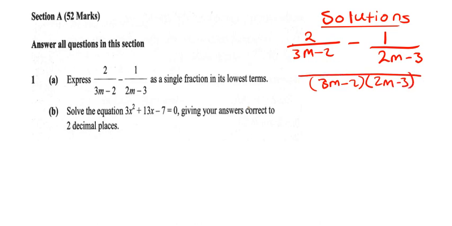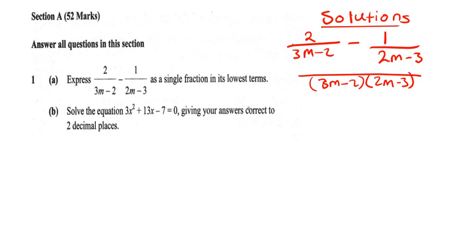So now we know the rules of combining fractions. When we have the common denominator, we start with this first part. You see this, you say 3m minus 2 multiplied by 2m minus 3.